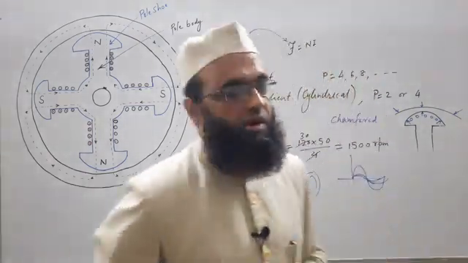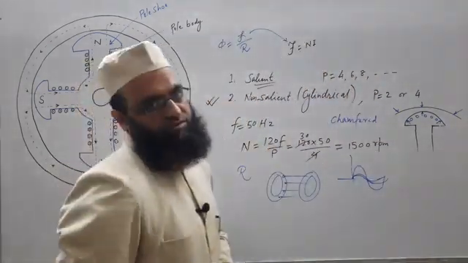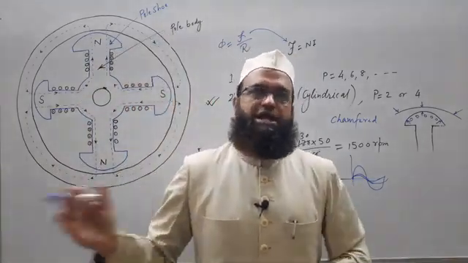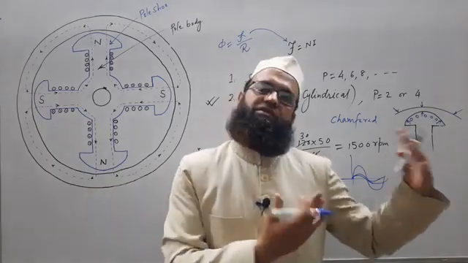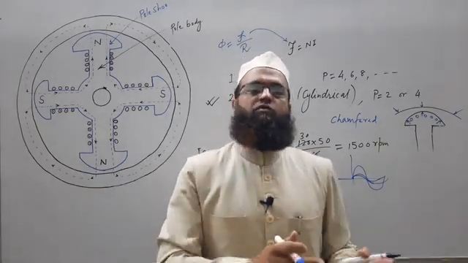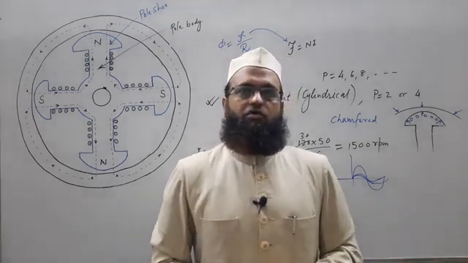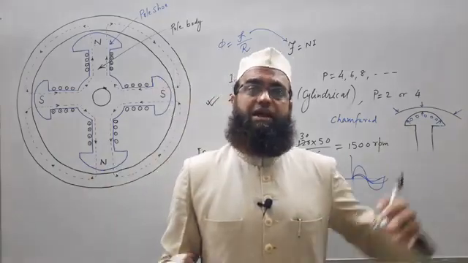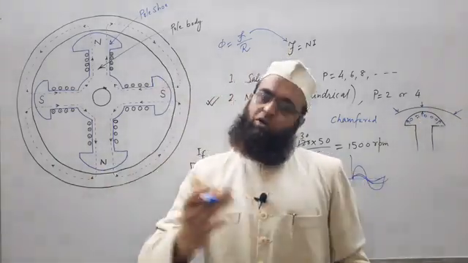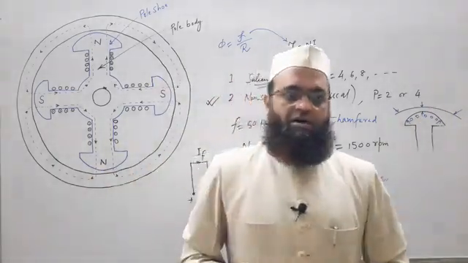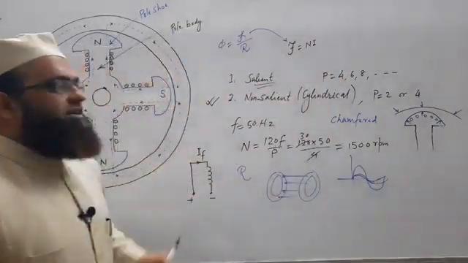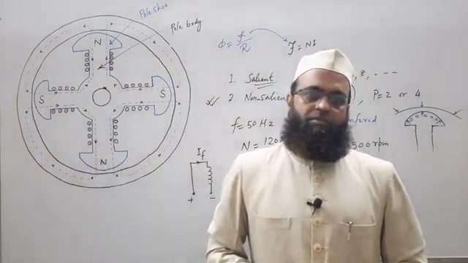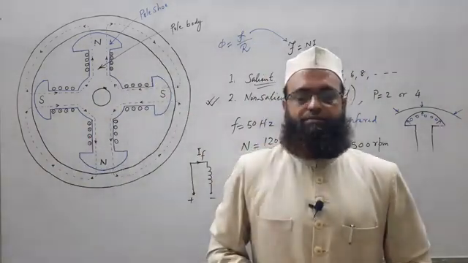In case of any disturbance, now you have an alternator, a working alternator generating EMF connected to the power system, with the help of a transformer or sometimes directly. So this is a part of the system. In case of any disturbance at any part of the system to which this alternator is connected, the rotor will experience oscillation.